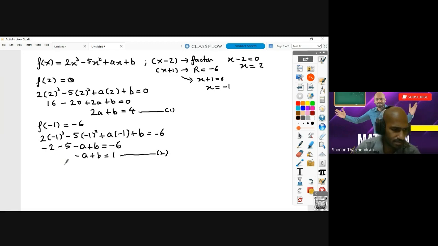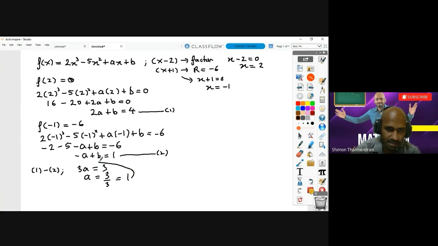And this could be solved by elimination again, because I see we've got a b. So I take number 1, of course I minus number 2 here. So 2a minus minus a giving us 3a, b minus b is 0, 4 minus 1 is 3. So a equals to 3 over 3, which equals to 1. Once I know a, it's easy.